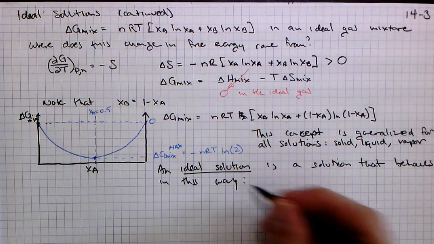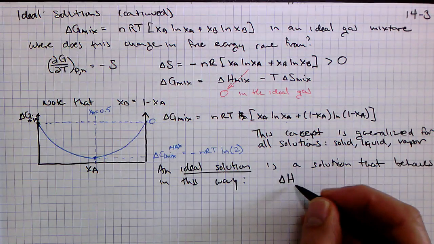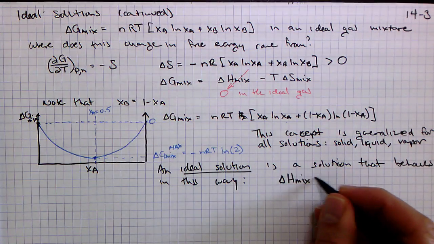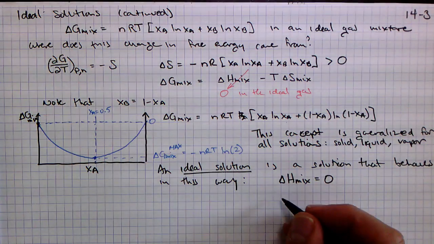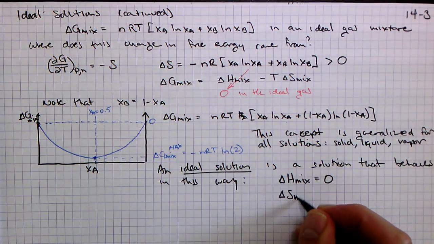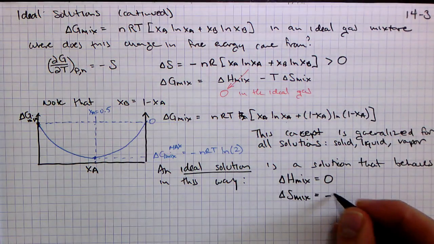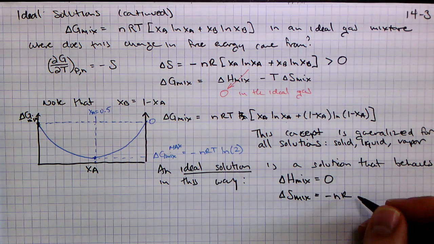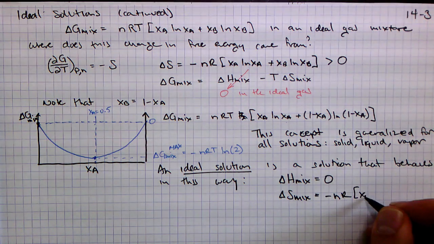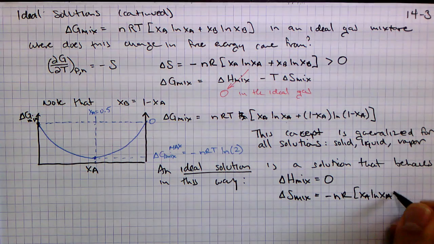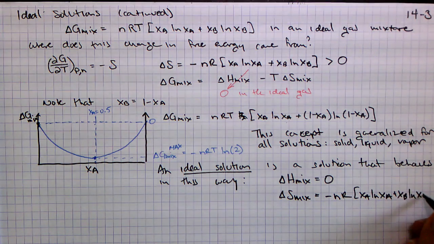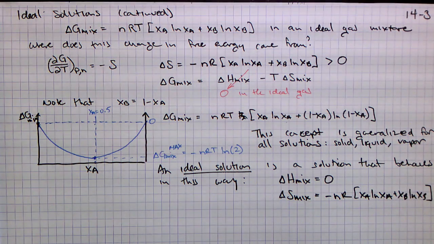So that it basically has no contribution to the enthalpy from the mixing, but the change in entropy from the mixing is given by minus nR times XA ln XA plus XB ln XB. And that's sort of our definition of an ideal solution.